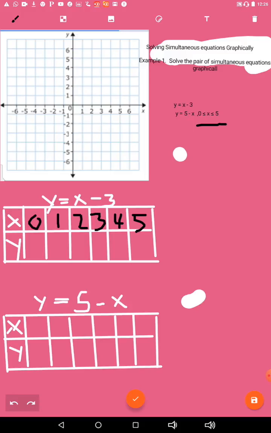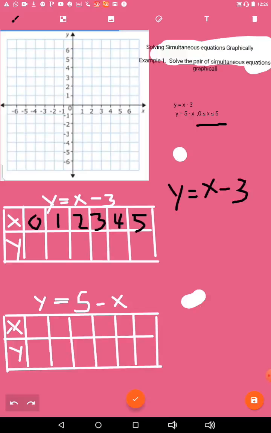Alright, so now because we already know this, we can use the same equation, y equal x minus 3, to find the y values for each of these x values. So it is saying to us that in order to find y, we have to subtract 3 from whatever x is.